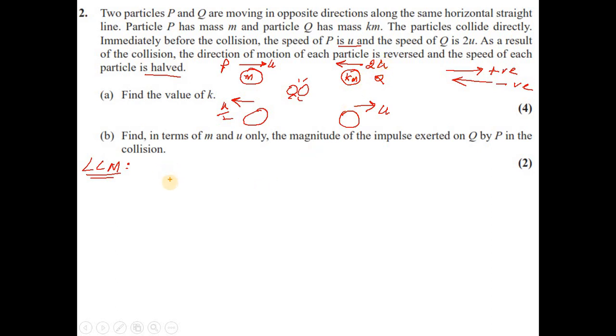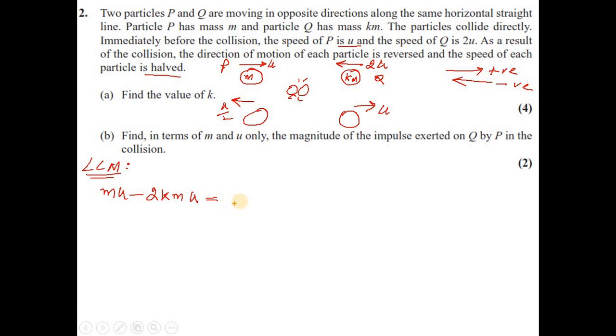So applying the law of conservation of momentum: momentum before collision, mu minus 2kmu, is equal to total momentum after collision.